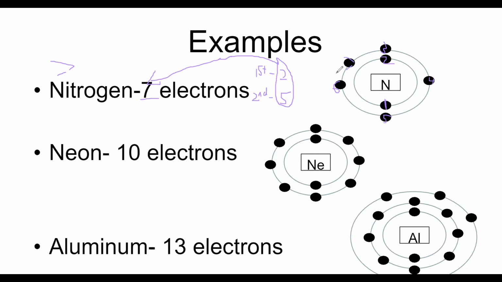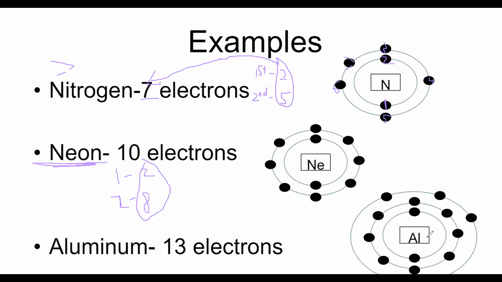So again, figured out our number, counted up from each shell, and as soon as one shell got full, we moved on to the next one. We talked about neon in a little bit of detail on the earlier slide. He's got the completely full rows 1 and 2. So he's got the 2 and the 8 to give us 10.